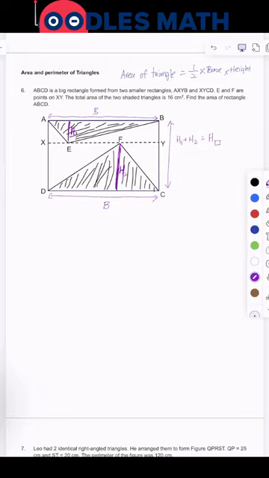So we know that H1 plus H2 is actually equivalent to the height of the rectangle. Now that is helpful later. So let's take a look at the first triangle first, the one on top. To find the area of triangle ABE, we know that it is half times the base times H1.